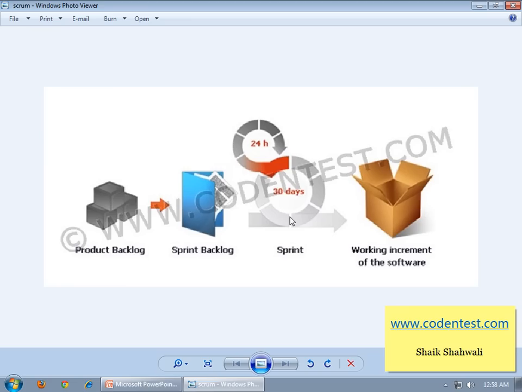And in this meeting, we decide what should be the sprint backlog, that is, what screens should we select. And how long that sprint should last. Should it be a 1 week sprint or a 1 month sprint? So that is decided in the meeting which is held before starting a sprint cycle.